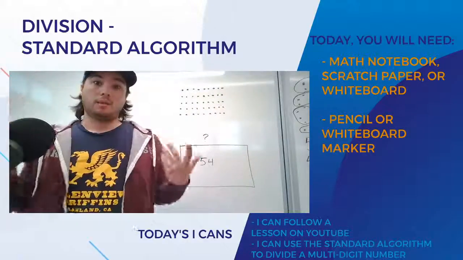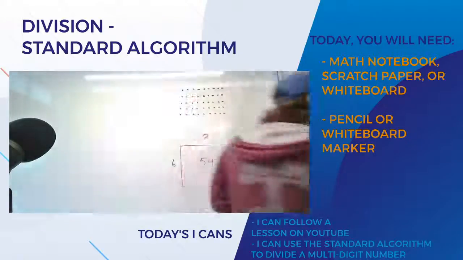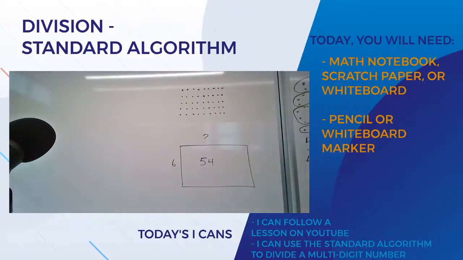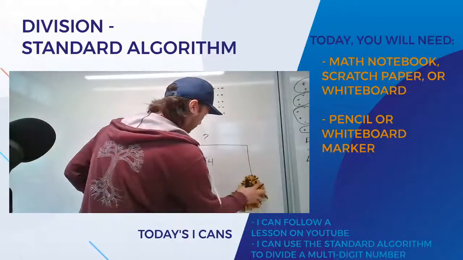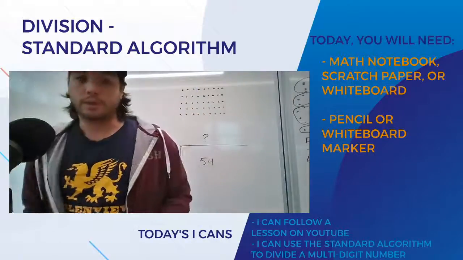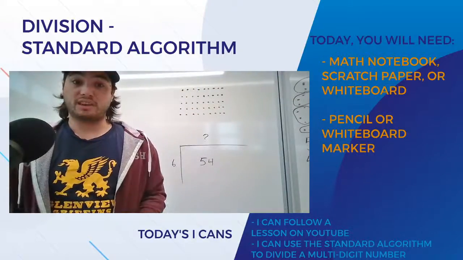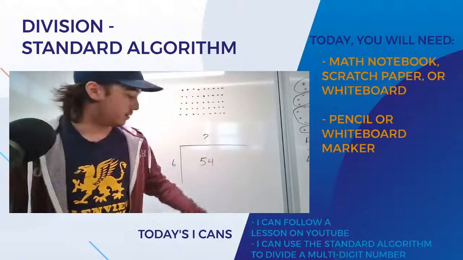And for any parents or grown-ups watching this, this is why our long division sign looks the way it does, because we're really thinking about it in terms of the area of a rectangle.